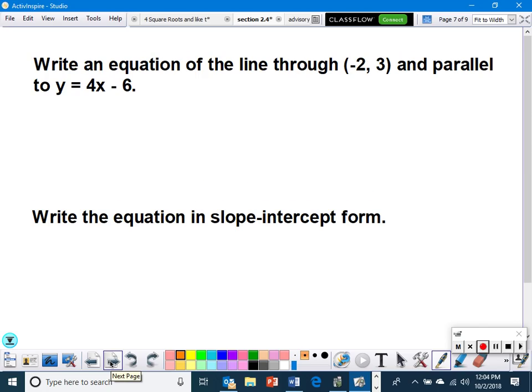All right, it says, write an equation of the line through negative 2, 3, and parallel to y equals 4x minus 6. Right, the first thing I need to remember is parallel lines have the same slope. So that means my slope is 4.